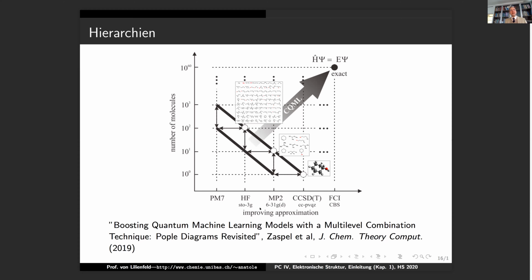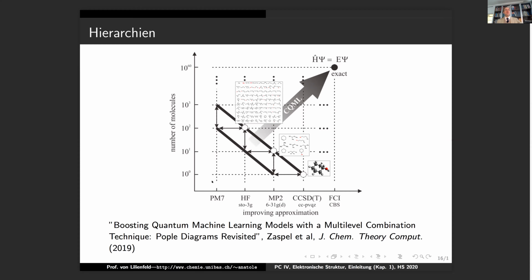And you see here some of these approximations. So this is PM7 I mentioned earlier, Hartree-Fock, MP2, coupled cluster. This is the full configuration interaction, which is intractable, right? So that's sort of a limit we are aiming for. And then we can have a training set of different molecules.